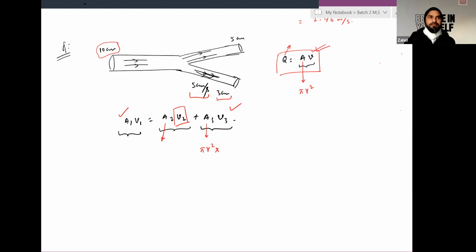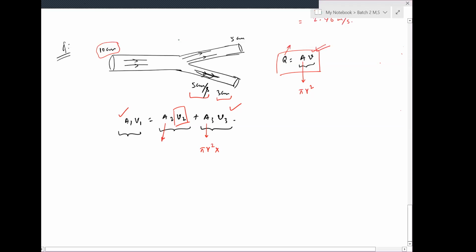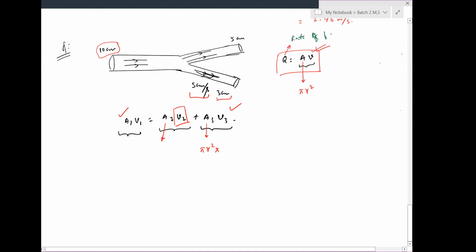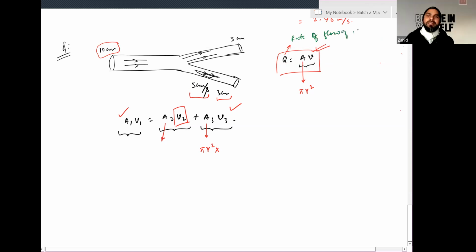Any more? Sir, can you please say what is Q again? This is a topic which is called equation of continuity, which I defined earlier. Yeah, I know that, but then the Q here is what? Q here is the rate of flow of liquid.